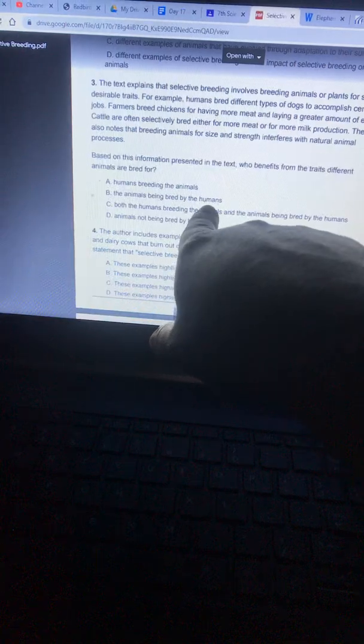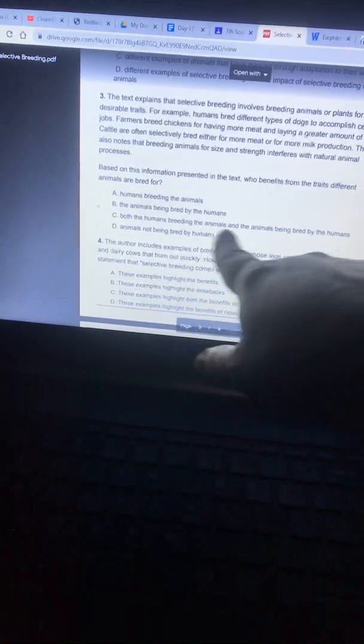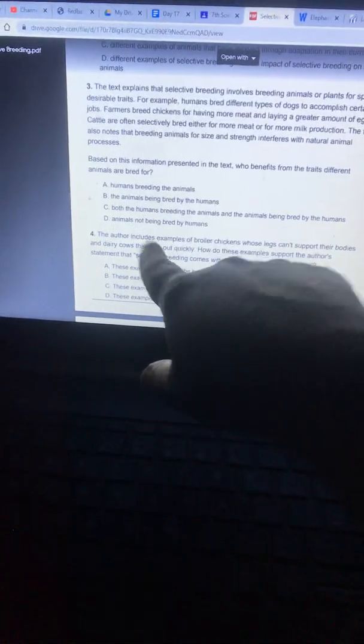The animals being bred, so the chicken benefits from being bigger or laying more eggs, or both humans and animals benefit, or animals not being bred by humans. So the animals like the wild chickens, does it benefit them that we're doing this? And go off of what this says right here. Who does this benefit?